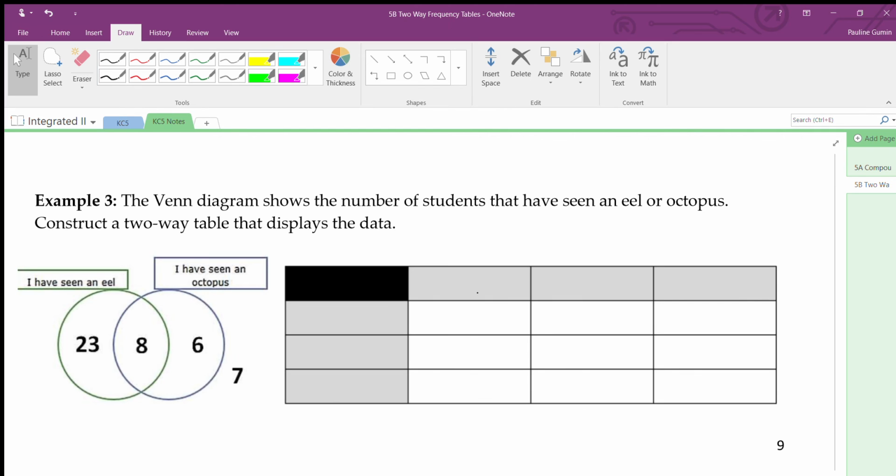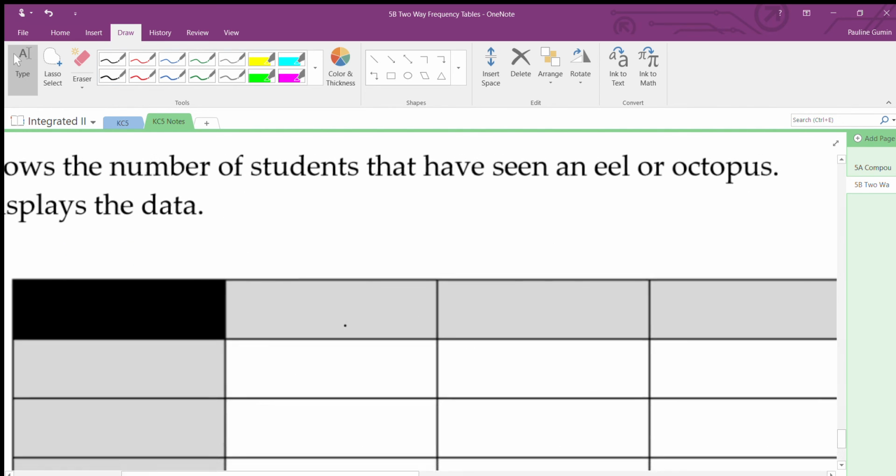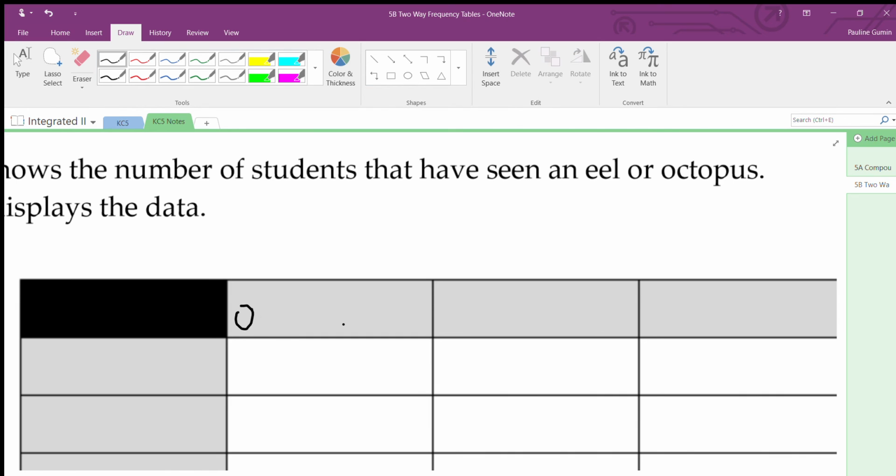I'm going to label my table first, and then I'm going to fill it in based on the diagram. Now, what I like to do is I take the right circle of the Venn diagram, and I'm going to put it on the top row. And bear with my handwriting. Octo, or octopus, yes, we have seen it. Or octo, no, we have not seen an octopus.